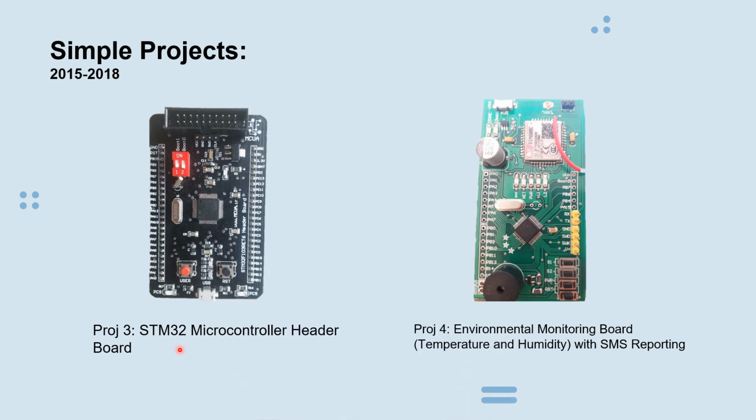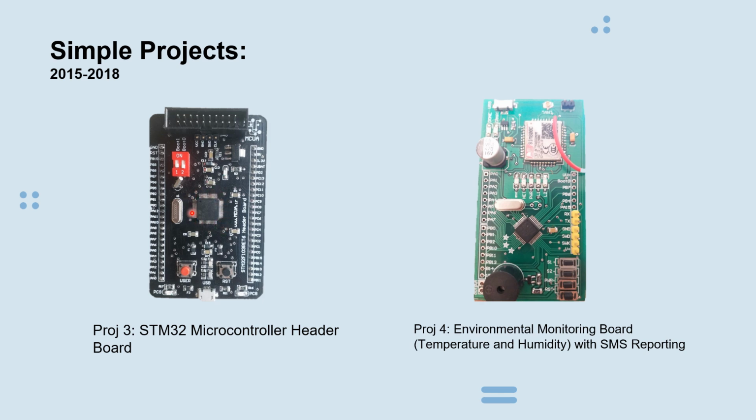This is an STM32 microcontroller header board. We call this board a header board, and I used an STM32 microcontroller. It's an ARM architecture that is a high speed and advanced microcontroller compared with the AVR microcontroller used in Arduino.